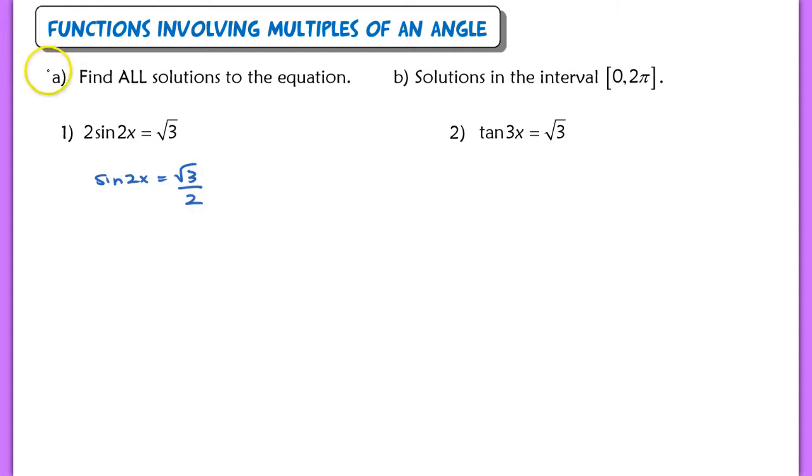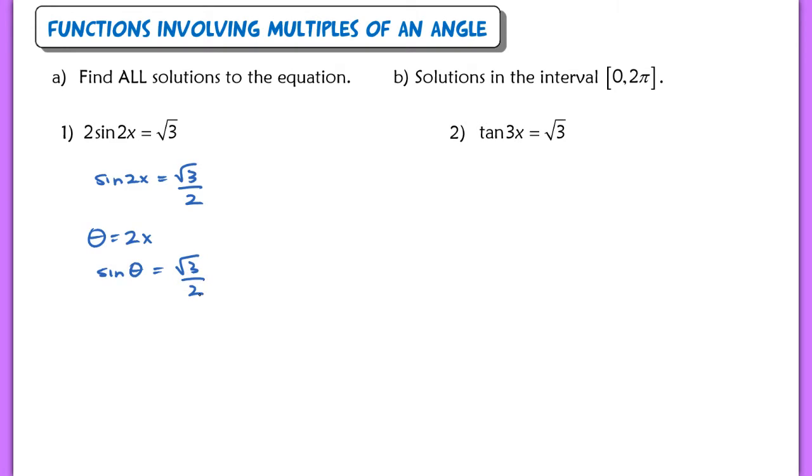Now we're going to first find all real solutions to this equation, and then we'll restrict our solutions to those that only fall within the interval 0 to 2 pi. So we'll do that in just a second. But when you're solving this equation, think of 2x as just theta. So let's let theta equal 2x. You don't have to write this in, but if we make that substitution, then really all I'm doing is solving this equation, which is similar to what we worked on yesterday.